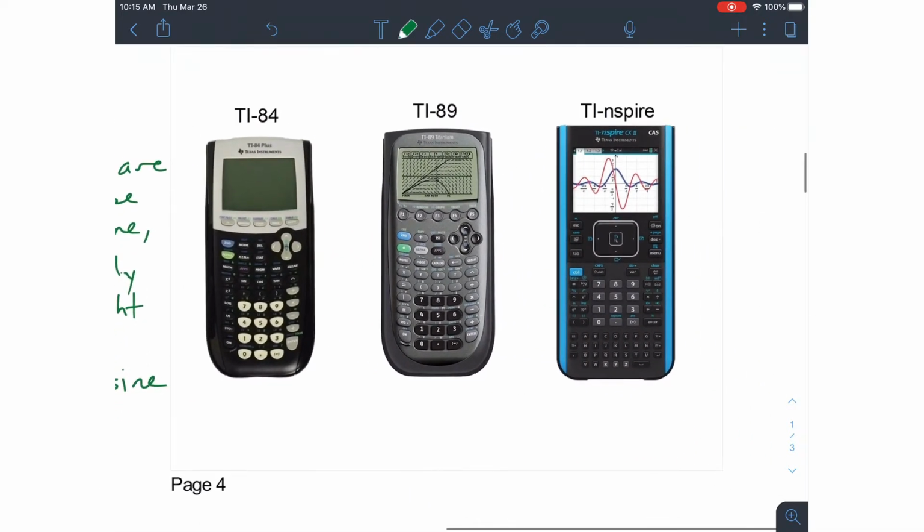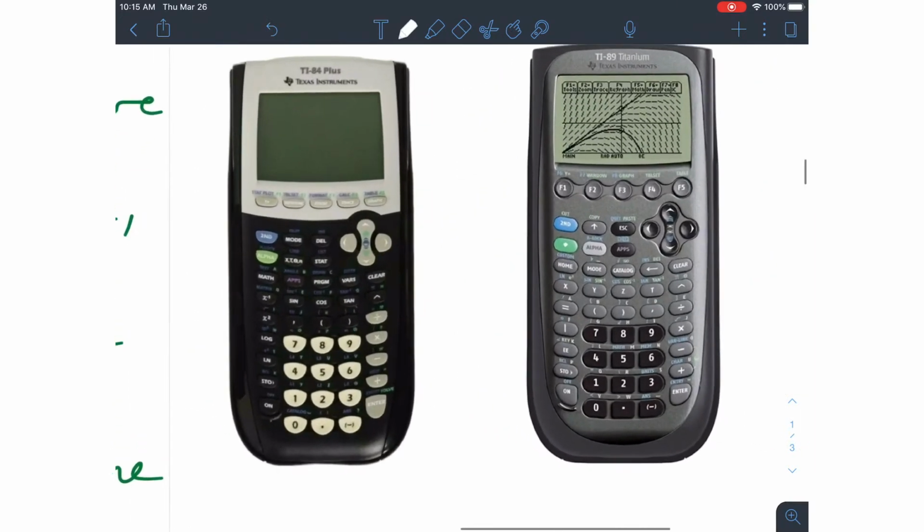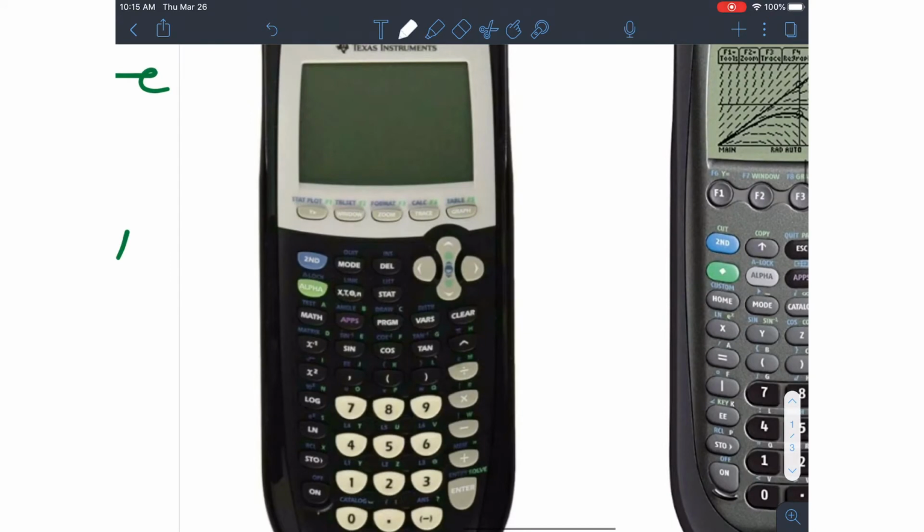Okay, going back to all the different types of calculators here. Once again, we are going to need to know how to do the inverse trig functions on your calculator. Now, it's really tough to see, so I'm going to zoom in really far here. For a TI-84, the inverse functions are located directly above where you already did sine, cosine, and tangent.